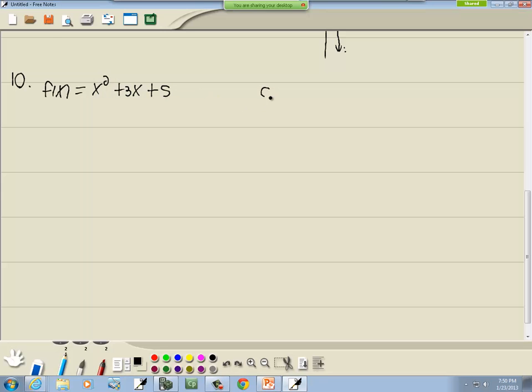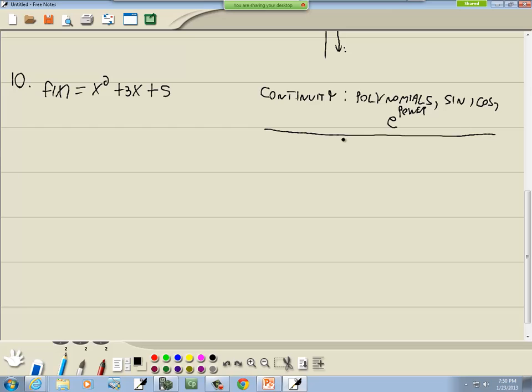Okay, so if we're talking about continuity, and we're talking about polynomials, we're talking about sine, cosine, and we're talking about e to a power, typically. If you got any of these, then there's no discontinuities.